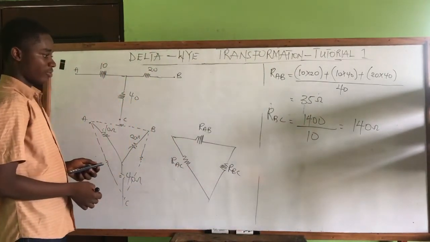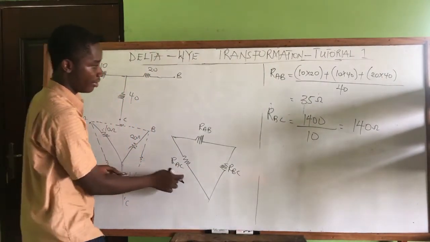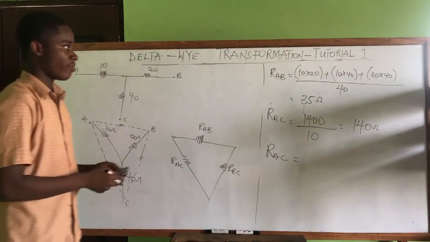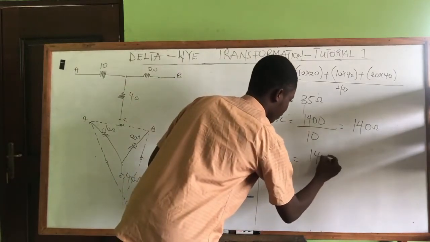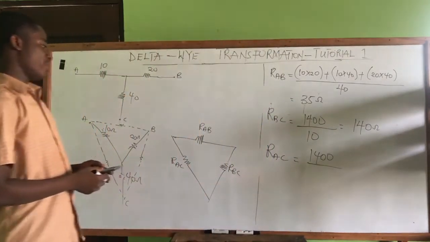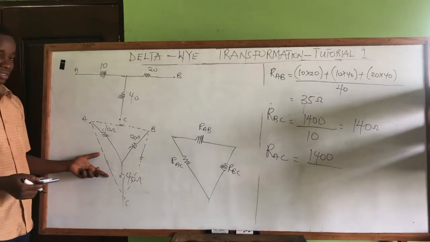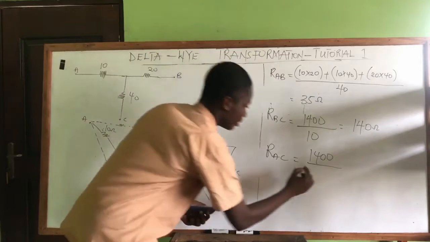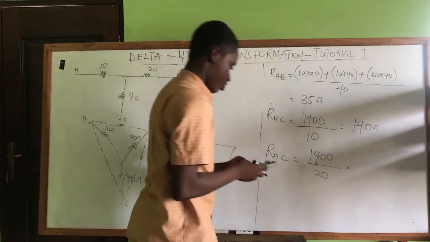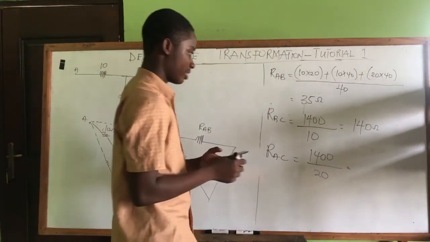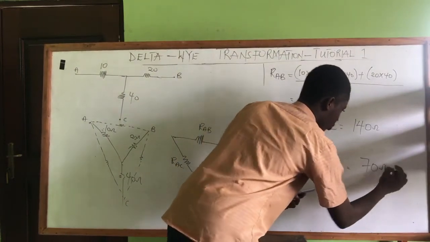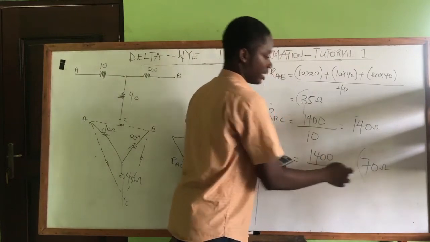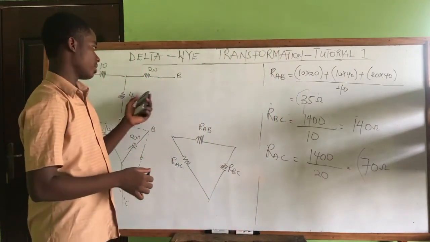Then we move on and calculate the last value, which is RAC. We still have 1400, and we are going to divide this value by 20, because these two are surrounding this one. So you divide it by 20, and we have 70 ohms. So these values are the delta equivalent of this Y network.